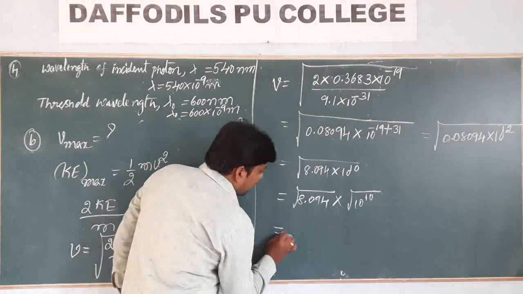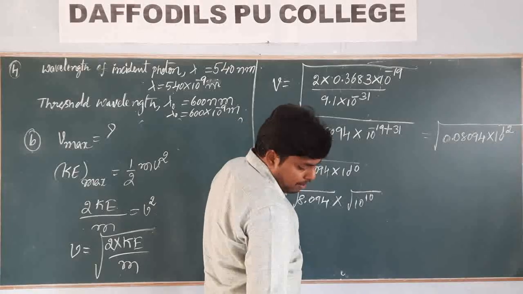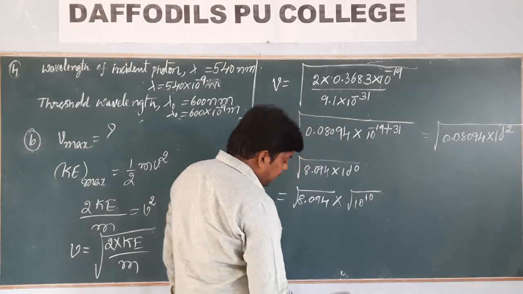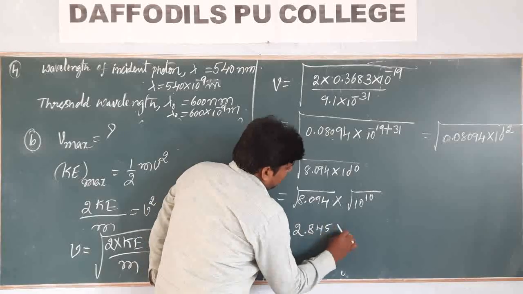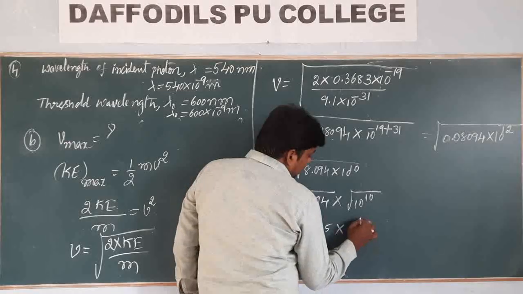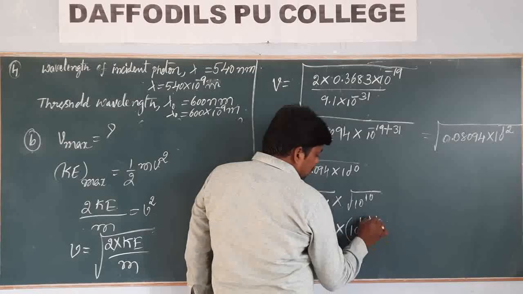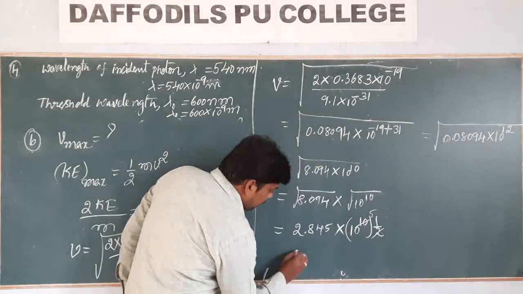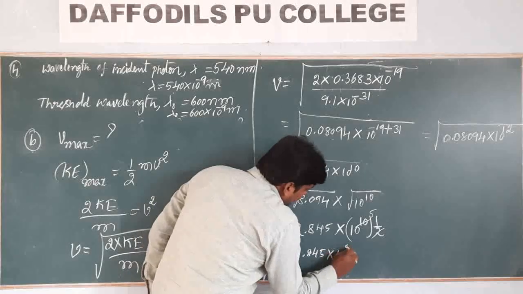The square root of 8.094 is 2.845. The square root of 10 to the power 10: take the square root and cancel, 1 by 2 times 10 is 5. So your value will be 2.845 into 10 to the power 5.